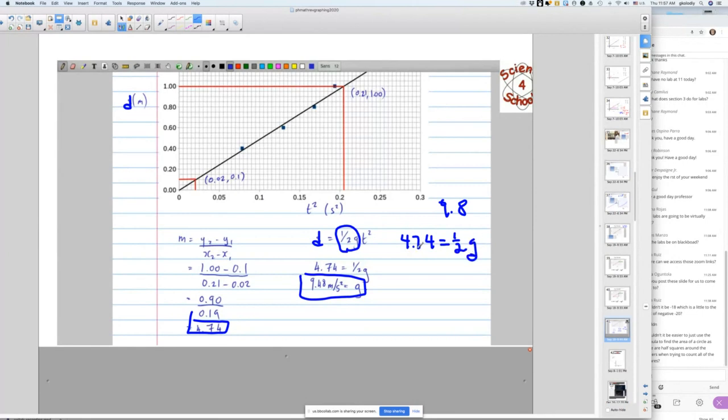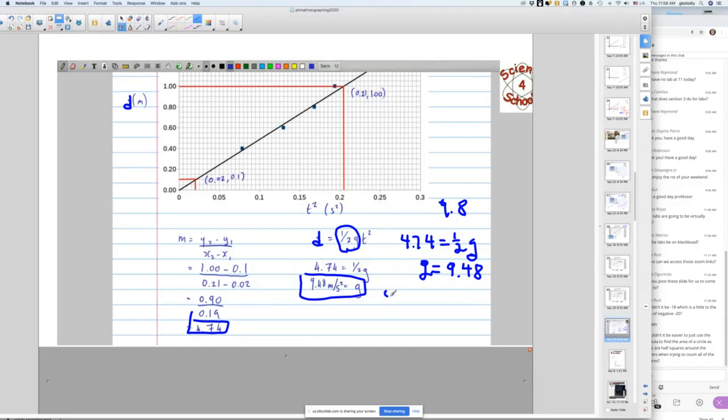Well, g would be twice that, which again is 4.74 times 2 is equal to 9.48. Okay, and we should have gotten 9.8.